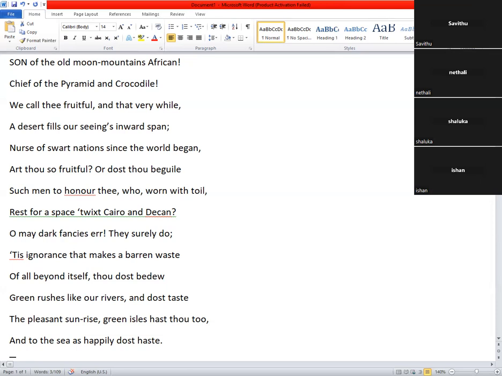And that very while, at the same moment, a desert fills our seeing's inward span. Desert. Now this river, the Nile, it flows through a desert, a barren land.